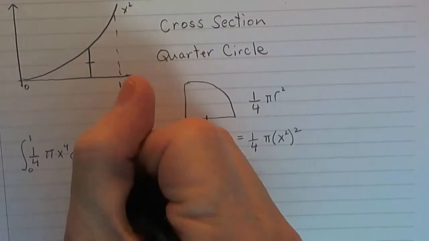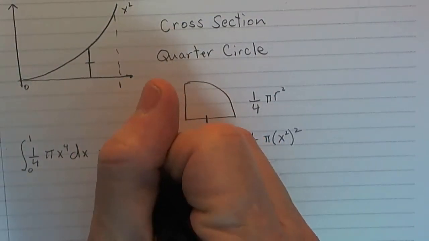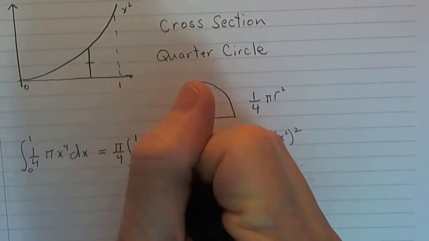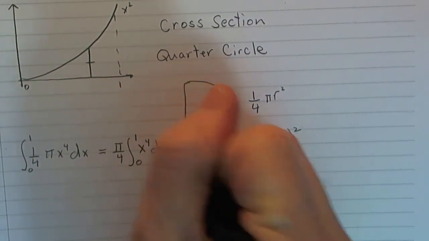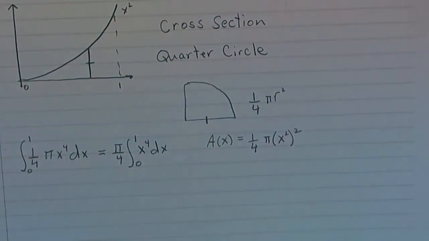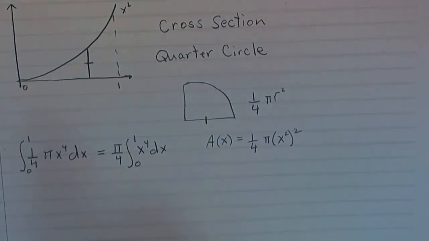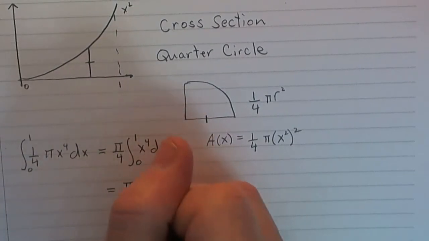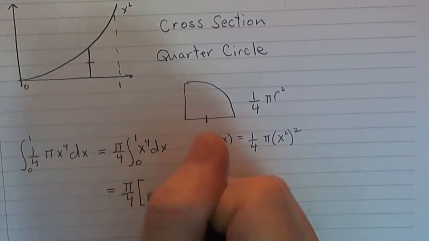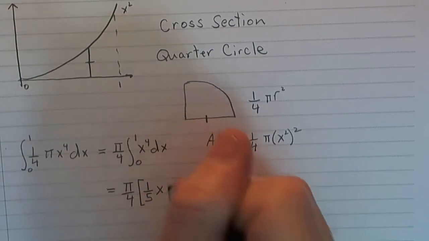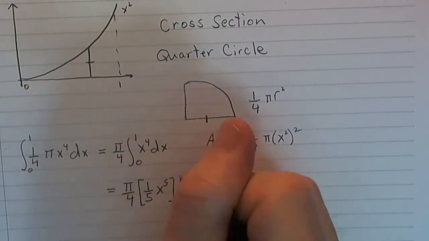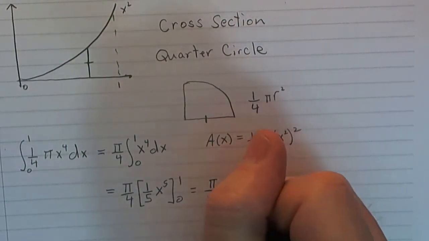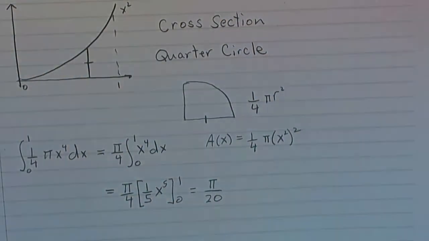Now we've got pi over 4 times the integral from 0 to 1 of x to the 4th dx. And that one's no problem to integrate. We've got pi over 4 times 1/5 x to the 5th from 0 to 1, which is going to be pi over 20. That's how it's going to work out.